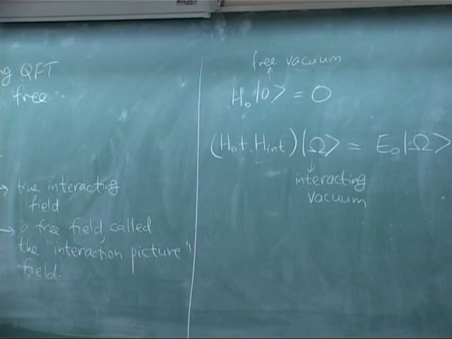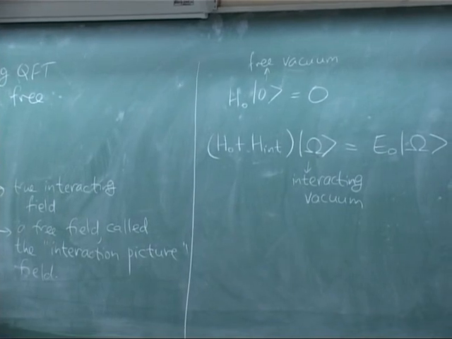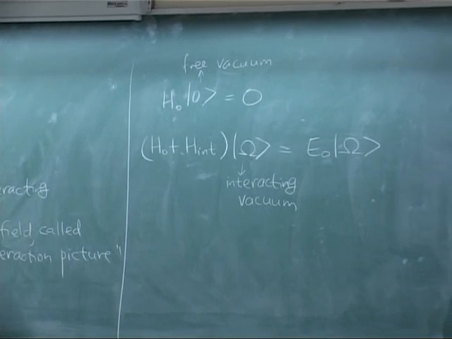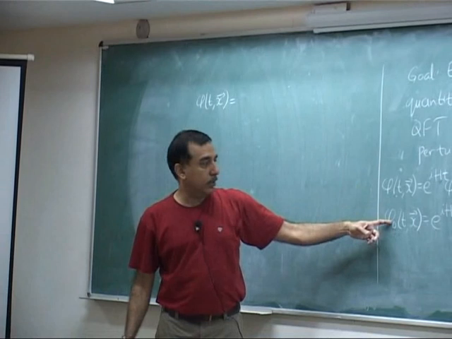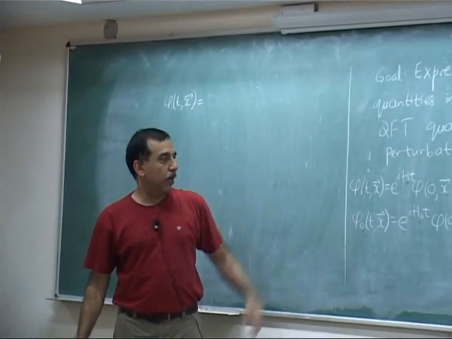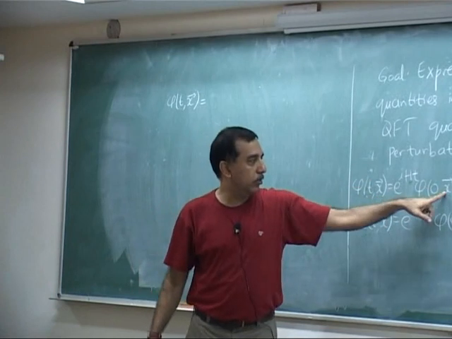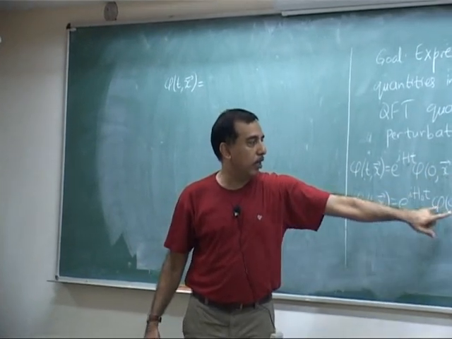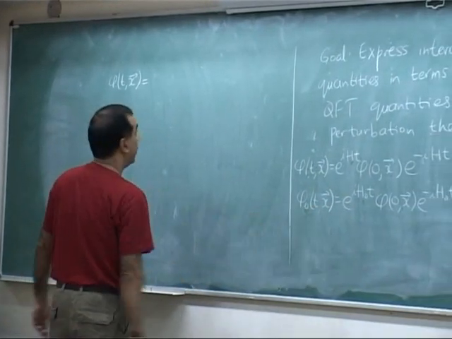Okay, now combining the formula in the middle, I can get a relation between the interacting field phi of t and x and the interaction picture field, which is a free field, phi 0, by simply taking this relation and then solving for this middle piece, phi of 0 and x, using the second line in terms of phi 0 of t and x.